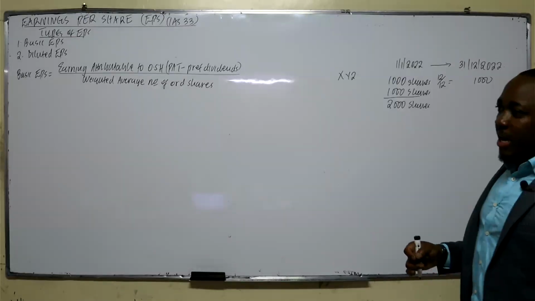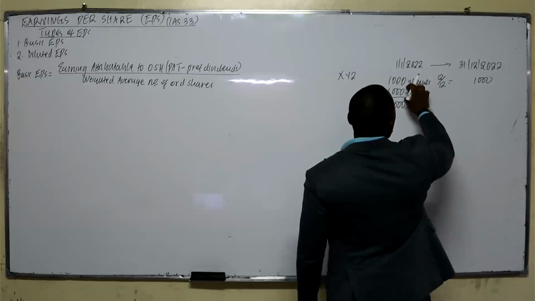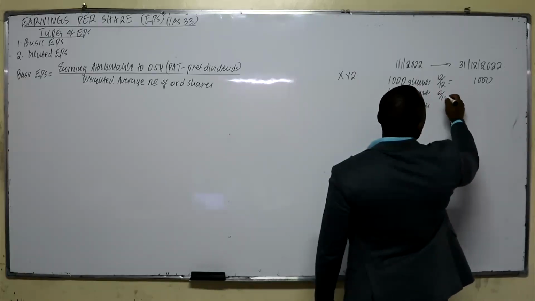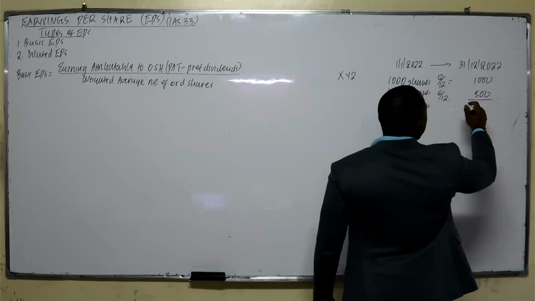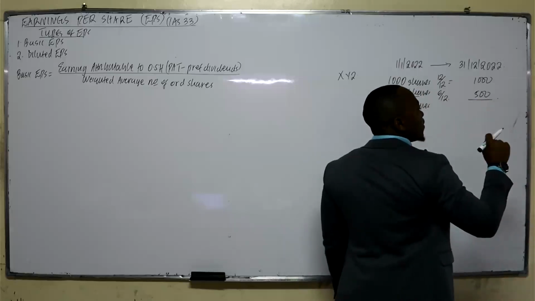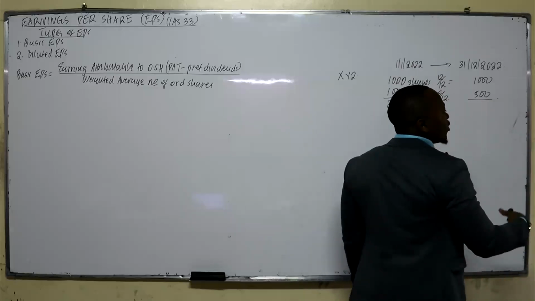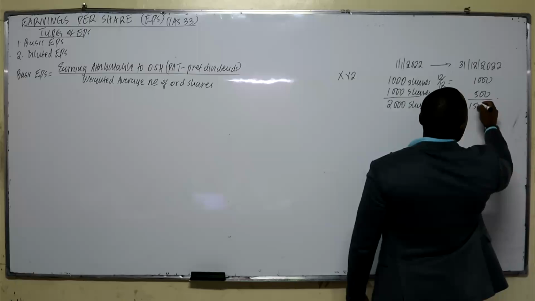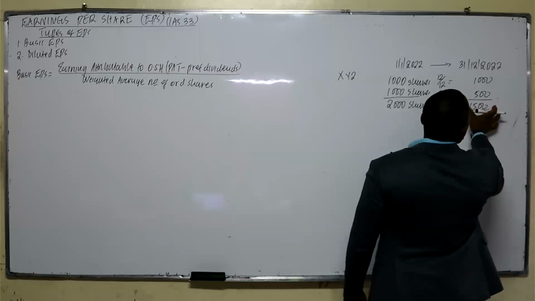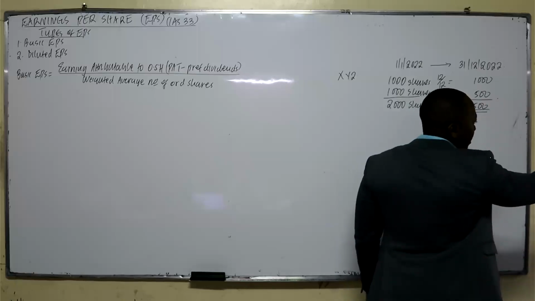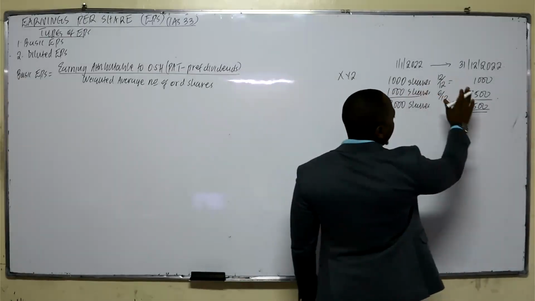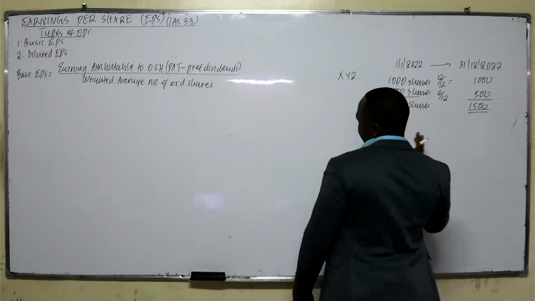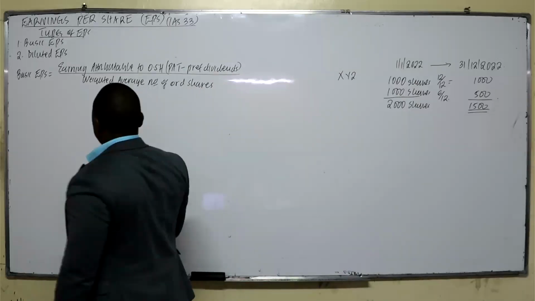So what happens? You weight them. These 1,000 shares, it's 6 of the 12 months, and you get 500. So the shares that will qualify for full dividend, that's what we call the weighted shares, is 1,500. Then you multiply by the dividend per share. The issued shares is 2,000, but the weighted shares is 1,500. That's why we say that you divide by the weighted average number of shares.